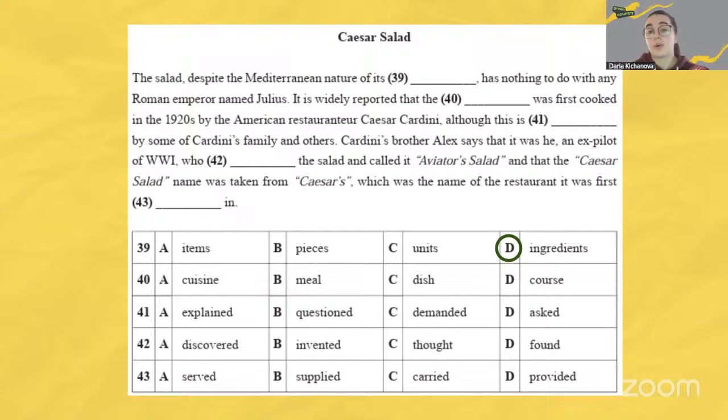Now, we are going to move on to the next sentence, and there we have: it is widely reported that the cuisine, meal, dish, or course was firstly cooked. So please tell me, what is the correct answer here? How can we understand what the correct answer is?